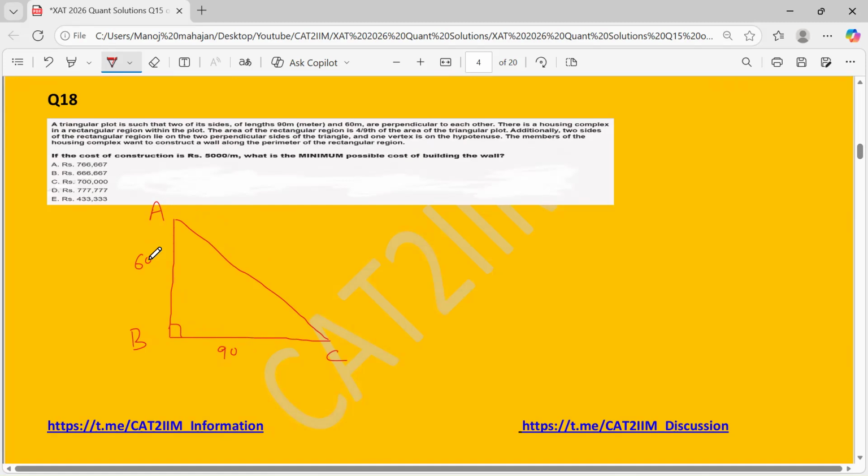Now there is a housing complex in a rectangular region within the plot, right? So area of the rectangular region is 4 by 9 of the area of the triangular plot, right? So whatever the rectangular area is there, that is 4 by 9 of the area of the triangular plot. Remember that. Additionally, the two sides of the rectangular region lie on the two perpendicular sides of the triangle.